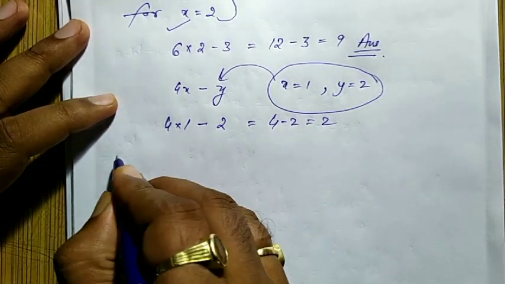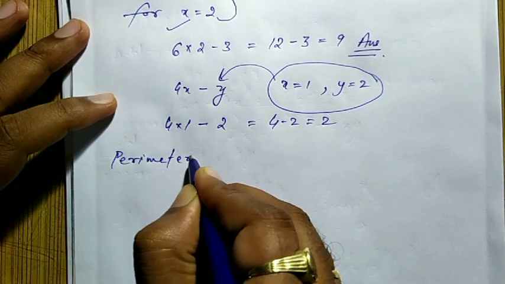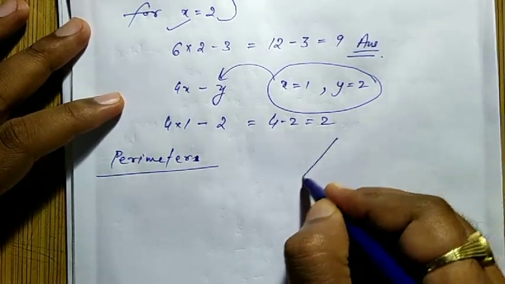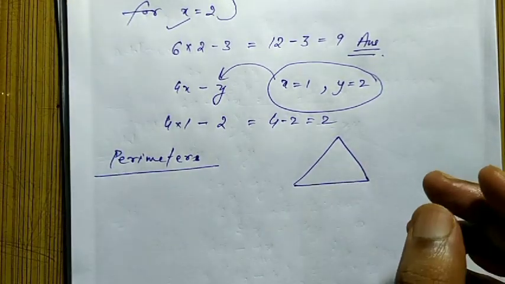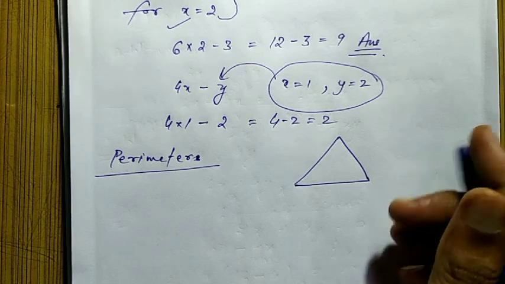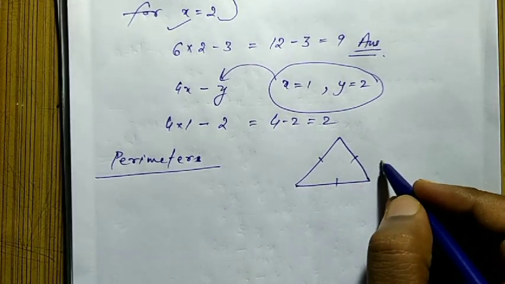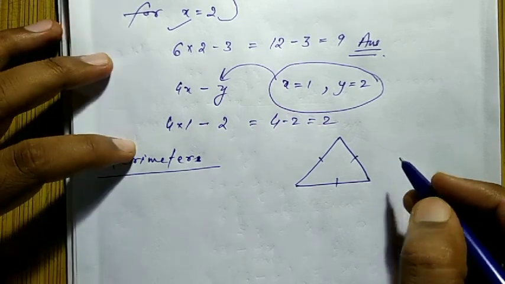Suppose any perimeter. Suppose this is an equilateral triangle. Equilateral means equal, all sides are equal. Everyone knows the perimeter of an equilateral triangle.